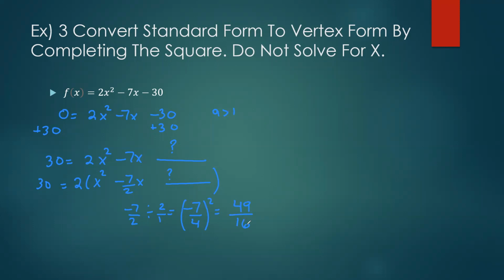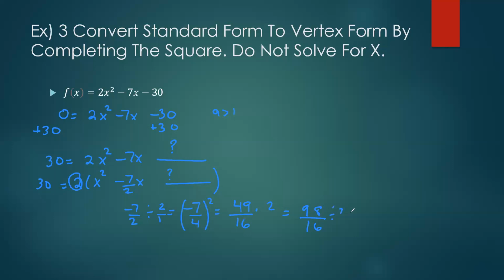And now this is the part where I didn't do it. Because we took out a 2, you still have to multiply this by 2. Right, so 49 times 2 is 98 over 16, and can that be reduced?